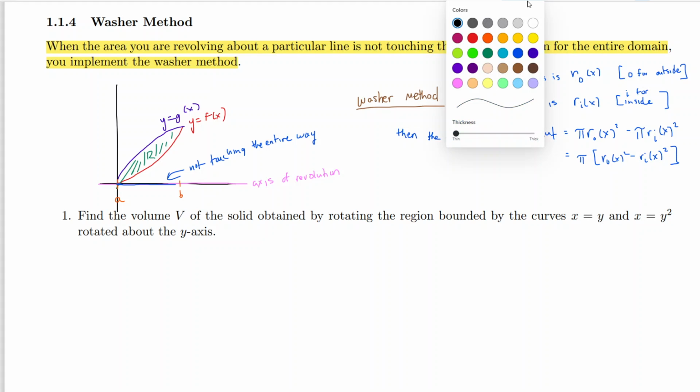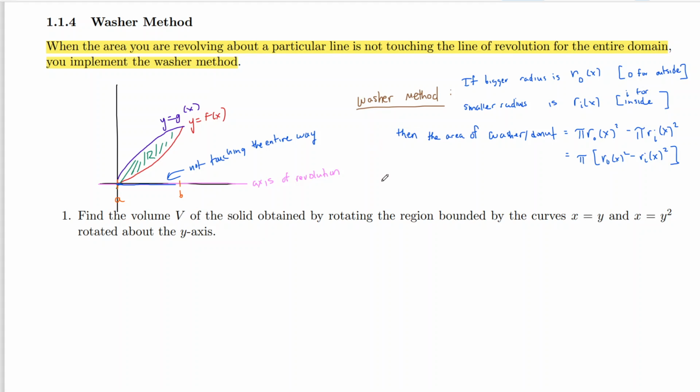All this does is, when you want to find the volume using the washer method, we still do everything else the same, except that our area of the circle formula is not just pi r squared anymore, it's this. So we have pi times ro of x squared minus ri of x squared dx.